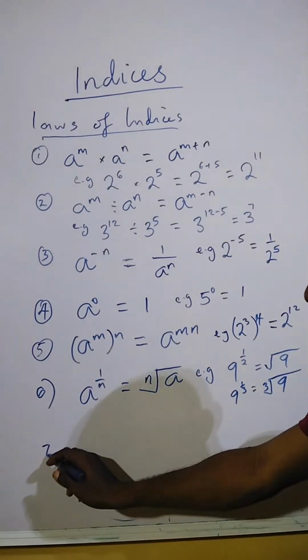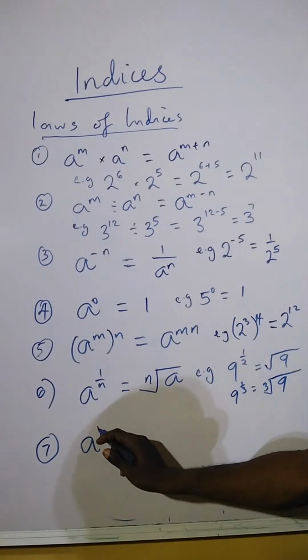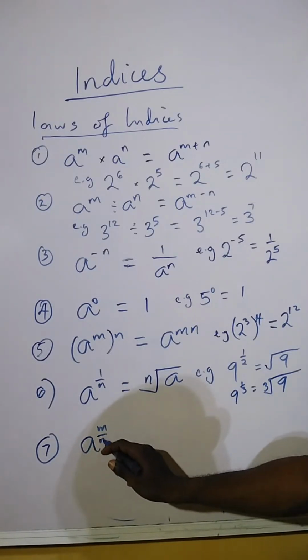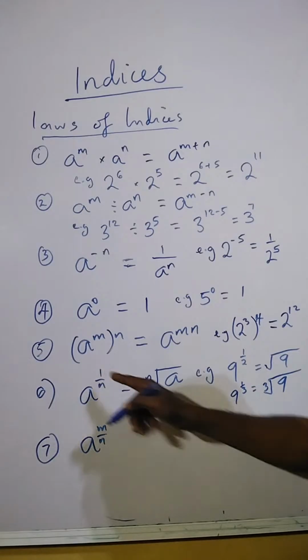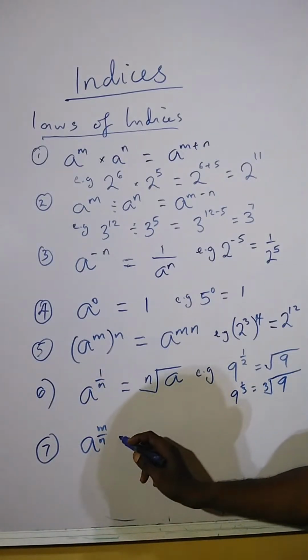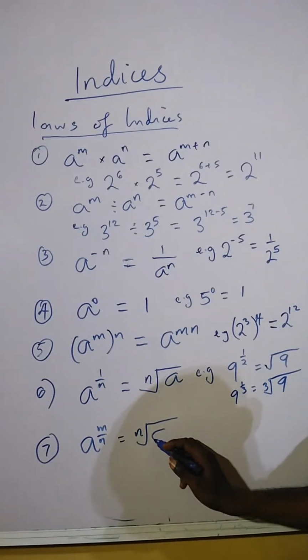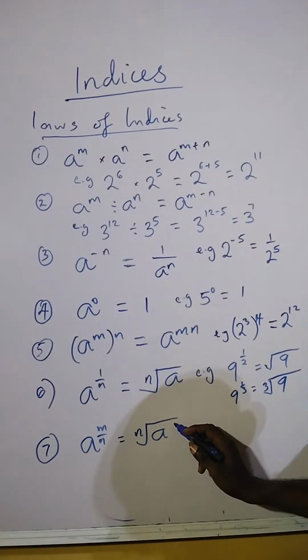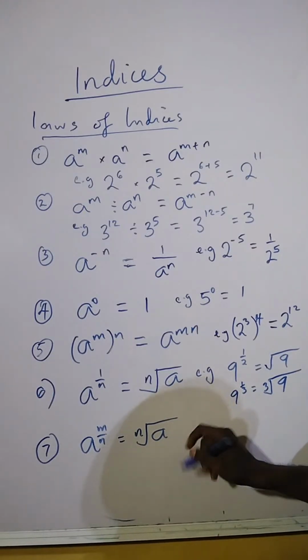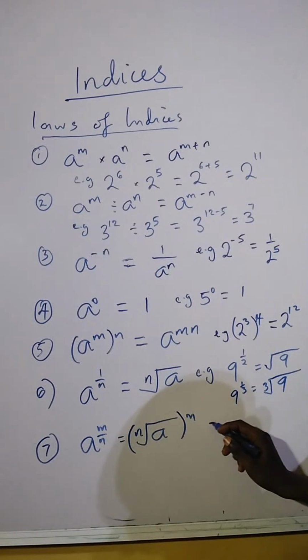Now, we can make it more general. If I have a raised to power m over n, this is no longer 1, but it's also a number. So this will now be the nth root of a, raised to power m. This raised to power m, you can decide to put bracket and put raised to power m.